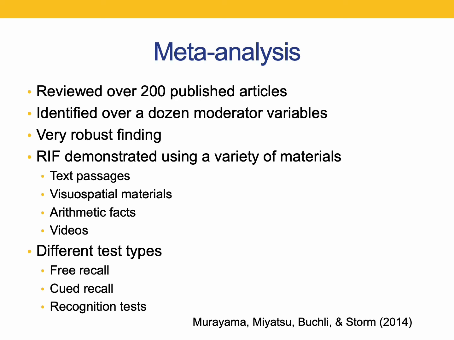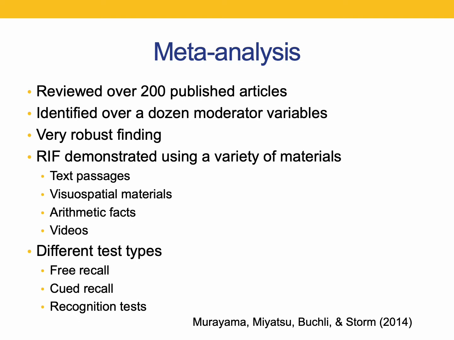And when I was in graduate school, I was part of a team that conducted something known as a meta-analysis. So basically with a meta-analysis, what you're doing is you're taking all of the data from published articles about a particular phenomenon, and you're analyzing all of the results together to identify not only the strength of an effect, but also how the effect generalizes.